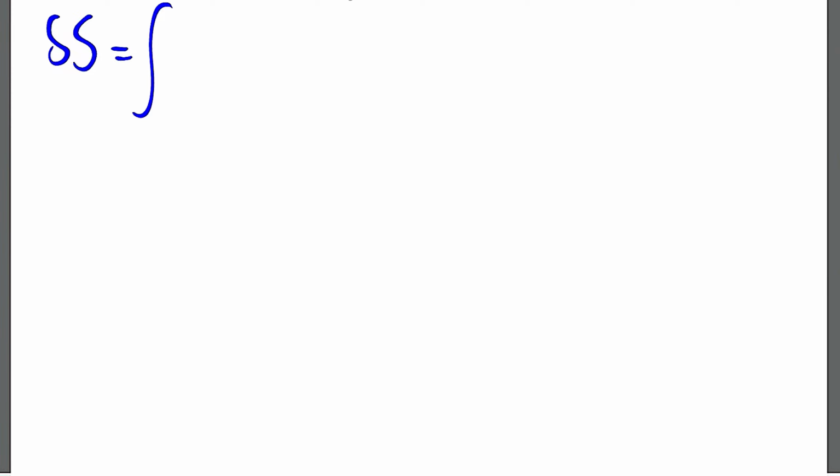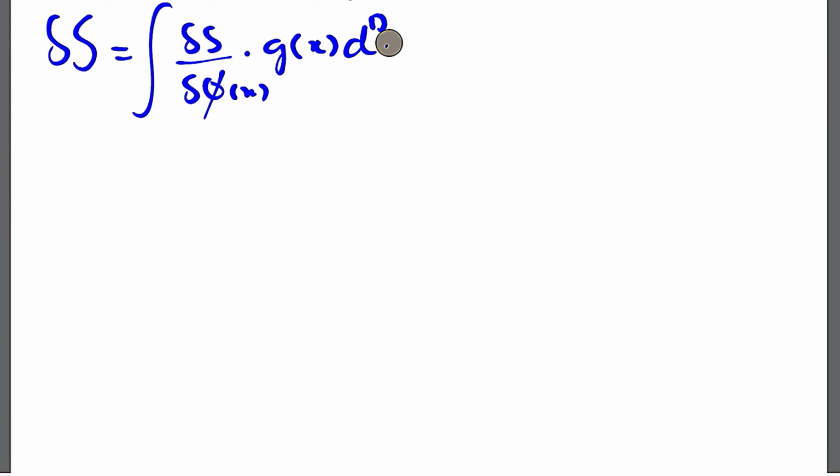So the variation in action is equal to this integral form, which is delta S by delta phi, and it's dependent on x, so we can write of x, and some test function which could be, let's say, g of x, and we can equate and get what we wanted.